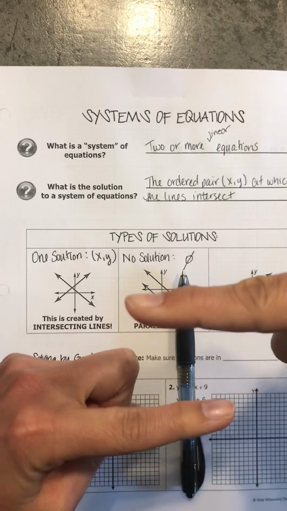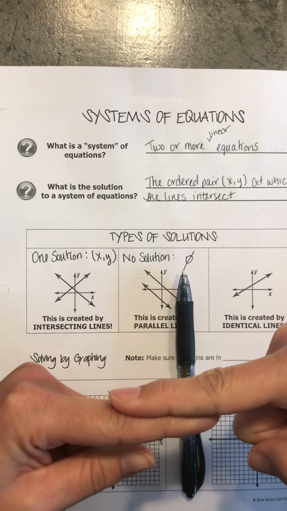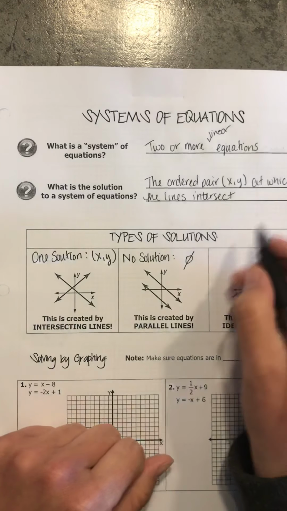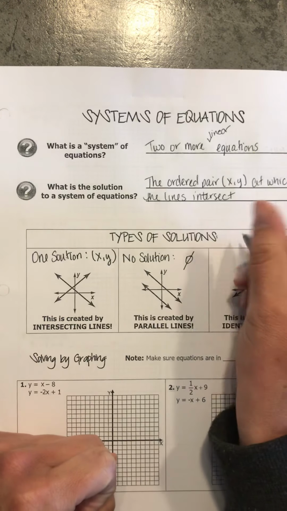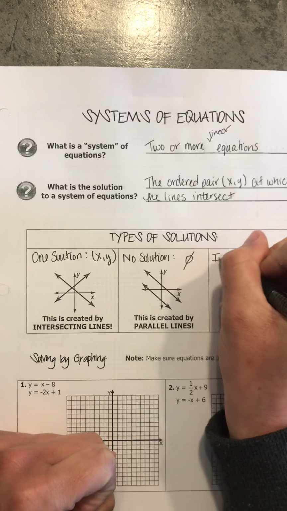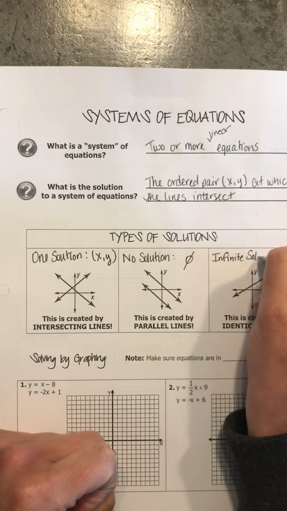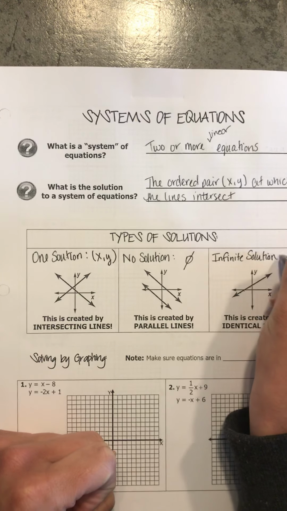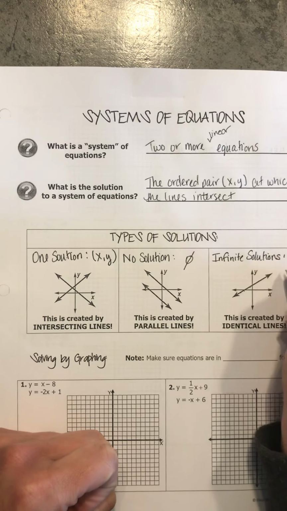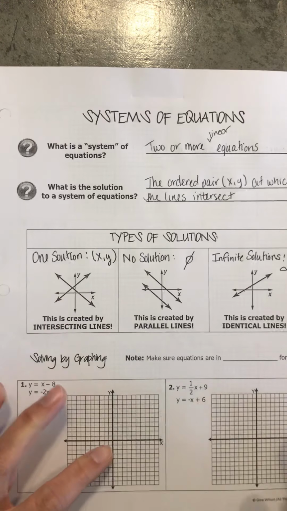If it works up here, it's going to work down here. So there's an infinite number of solutions. And for that, we can use the infinity symbol, that sideways 8.